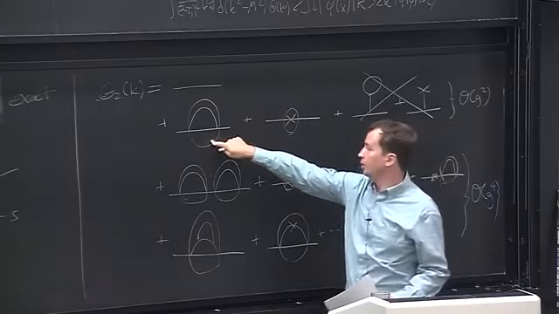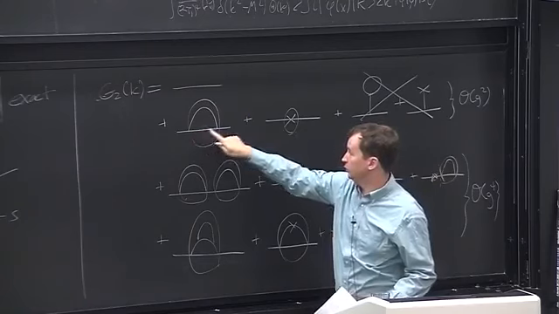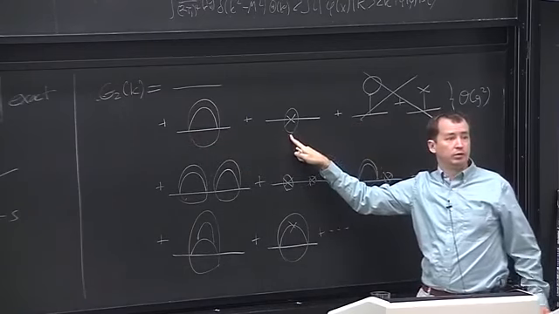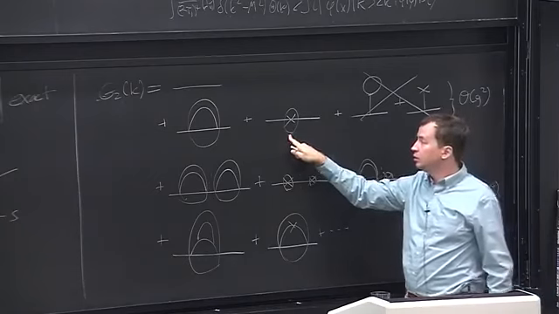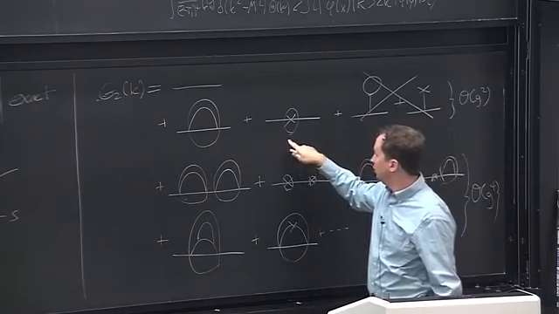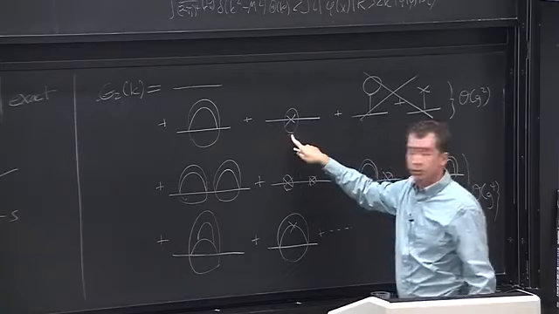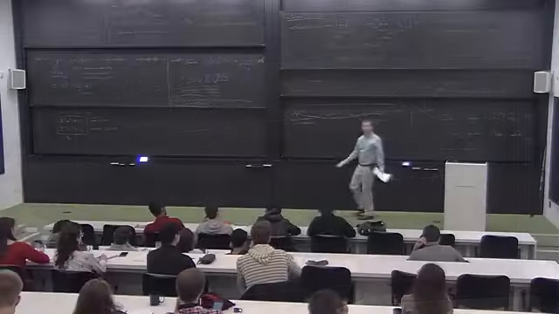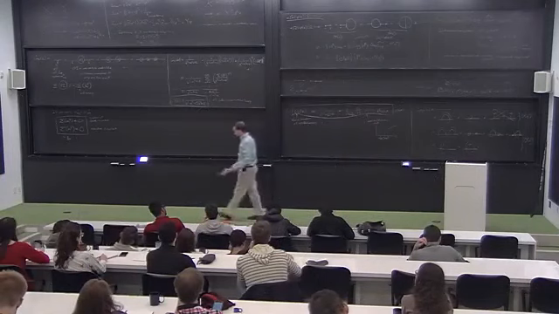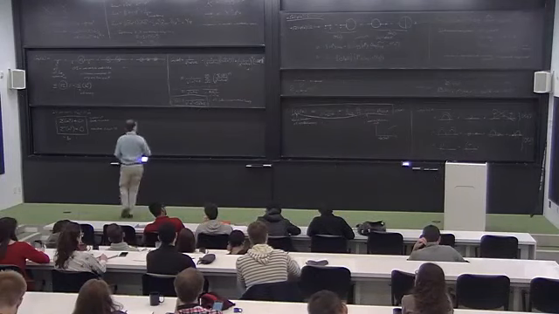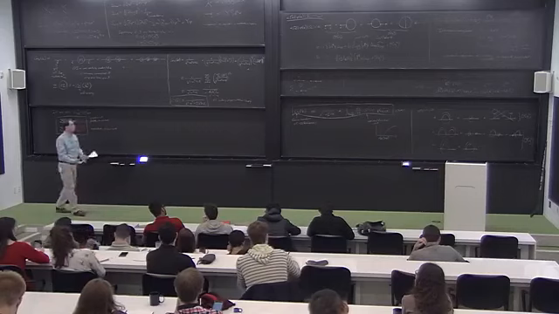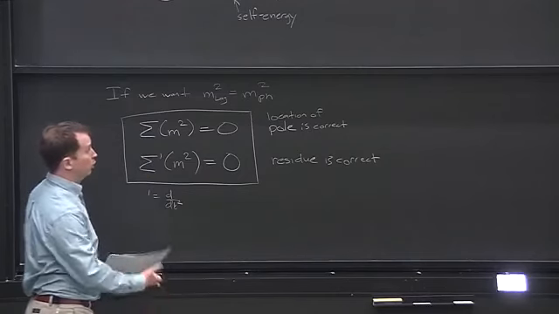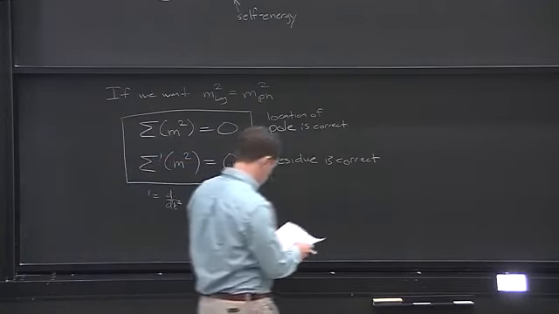So this diagram at leading order just will be a g squared diagram, and this diagram will be proportional to Z phi and Z m. So these are the two leading contributions to the self-energy, and so we can use those to fix Z phi and Z m at leading order. If we go to higher order, all our conditions will mix. We'll need to solve them all simultaneously, or the lower order results will feed in.